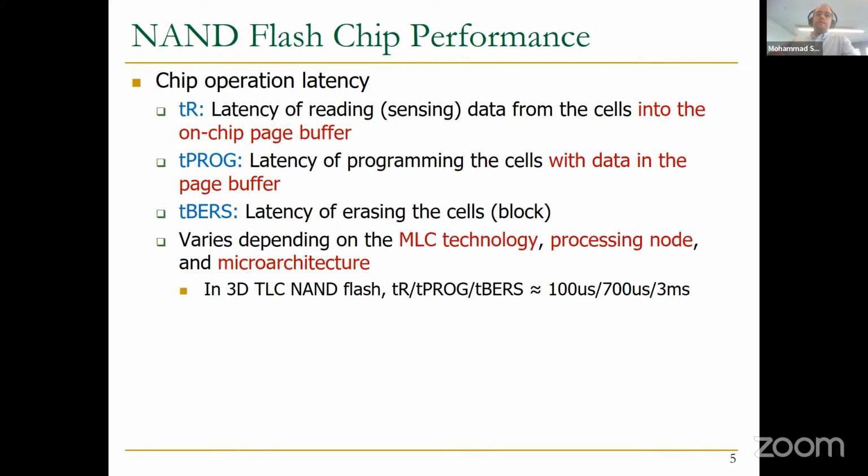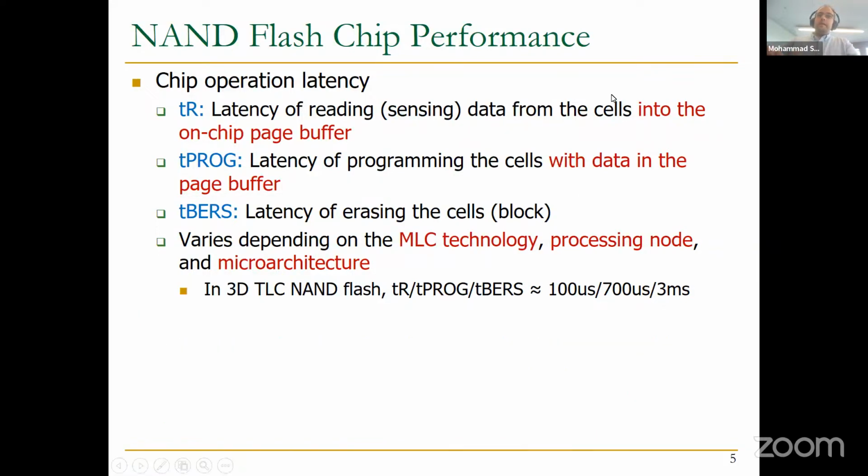All these numbers vary depending on the technology, whether SLC, MLC, TLC, or QLC, and also on the process node and microarchitecture. For example, in 3D TLC NAND flash chips, tR, tPROG, and tBERS are around 100 microseconds, 700 microseconds, and 3 milliseconds, respectively.